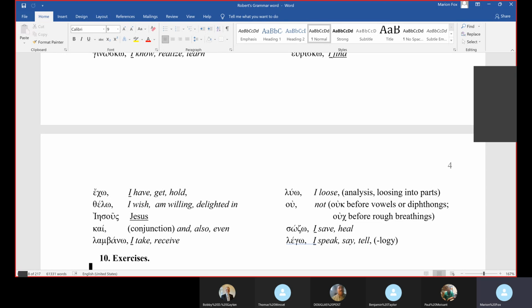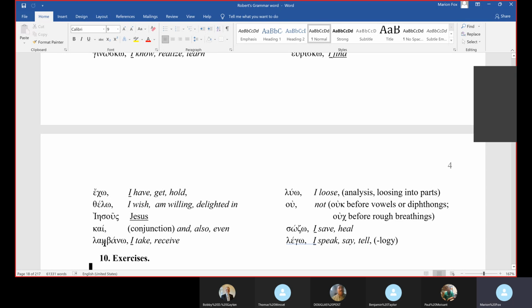I would dare say you won't find two pages in a row that don't have it. This is the word and, a conjunction, and it always connects things that are equal. Believe and be baptized, kai, and, both on equal terms. It can also be translated also and even. So that's kai, a very important word.